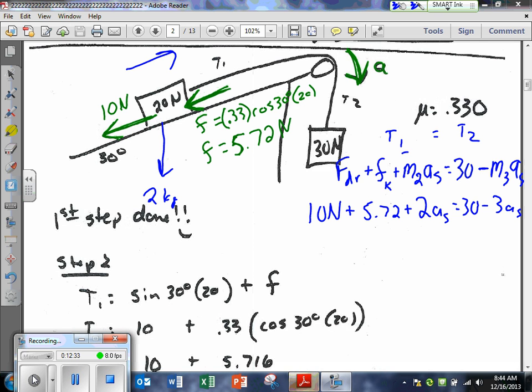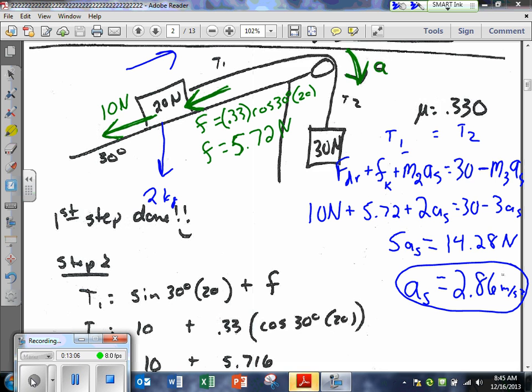Then you put the acceleration on the same side: 5 times the acceleration of the system is equal to 30 minus 15.72, or 14.28 newtons. Divide both sides by 5, and the acceleration of the system is 2.86 meters per second squared.